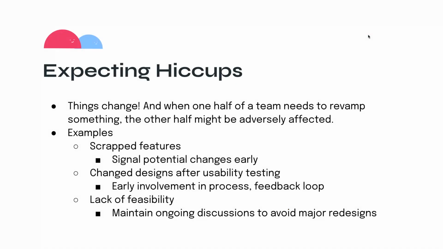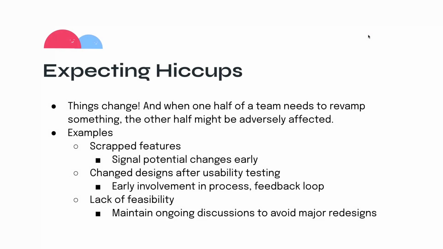Yeah, so again, in any development process, things change, things can go wrong. When one half of the team needs to revamp something, the other half might be adversely affected. So again, that can be anything from scrapping features, changing designs, a developer realizing that a certain design may not be feasible. Again, the solution to this on a high level at the end of the day is just going to be communication.